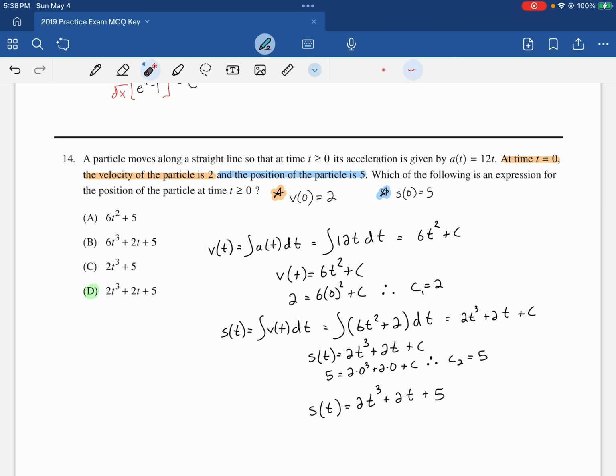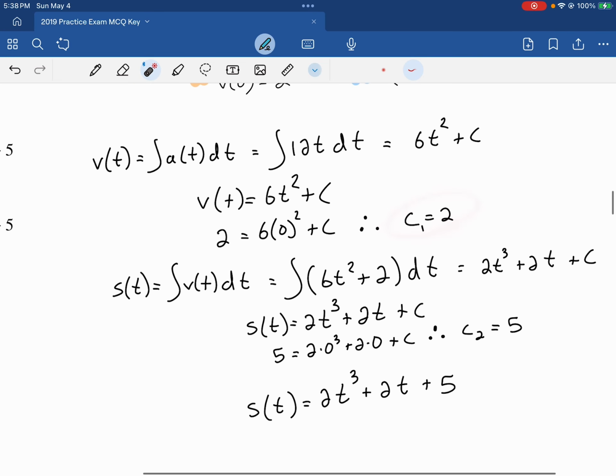You can use your initial condition to find what that c value is. I don't know what c is, but I do know that at time equals 0, the velocity is 2. You can solve for c, in this case I called it c1, to be 2. So here's my new velocity model, 6t squared plus 2.